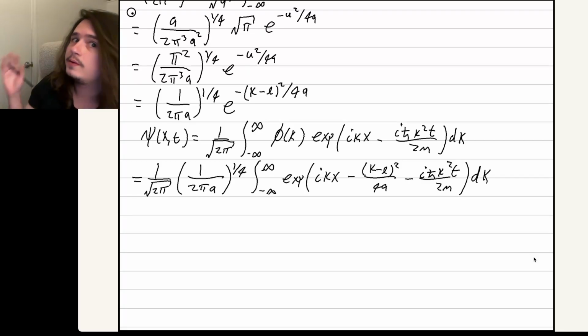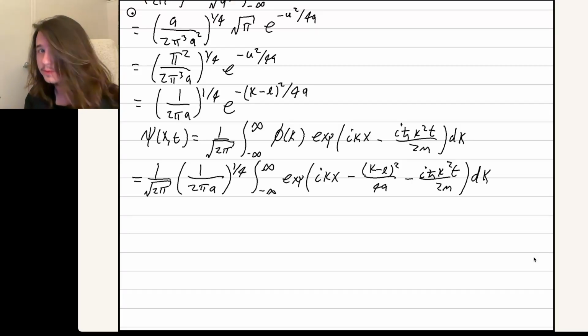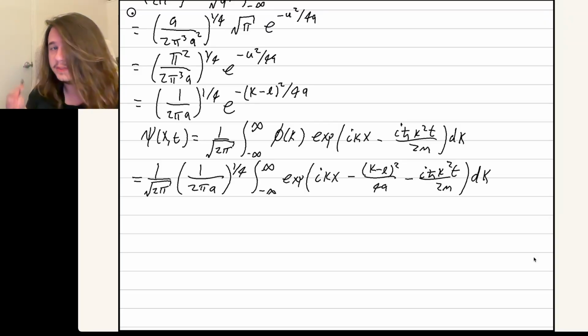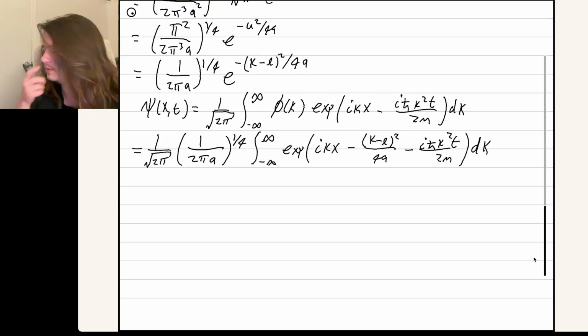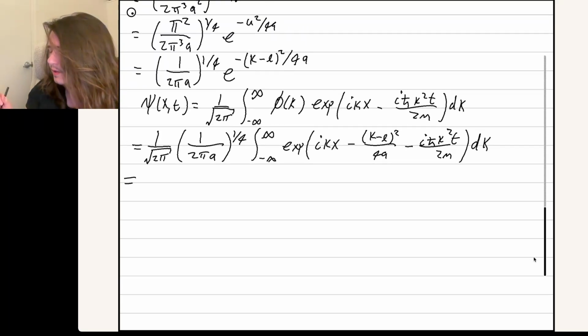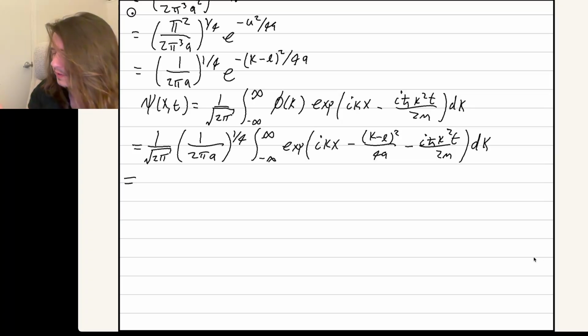Now, whether or not Griffiths wants us to use the u substitution at this part, to me, is unclear. But I ended up not using it because I think it is a silly thing to do at this point. So I'm going to simplify the stuff out front and expand the square that's in there. Just working on the integral.